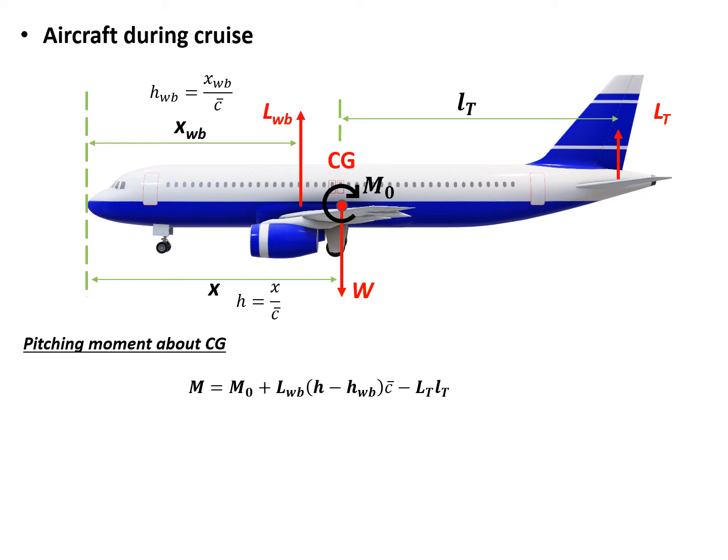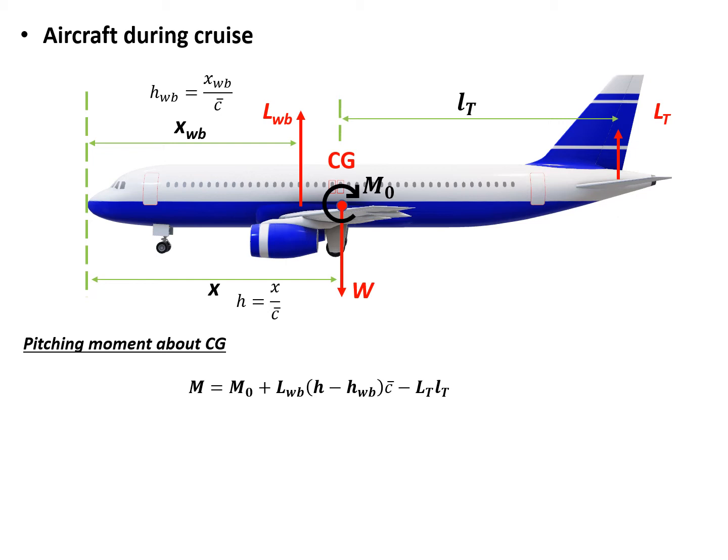The total moment M equals M0 plus the moment produced by the lift from the wing body, which is positive, and the restoring moment from the elevator lift LT is negative. So we have the moment equation, and sometimes we are interested in its coefficient form.